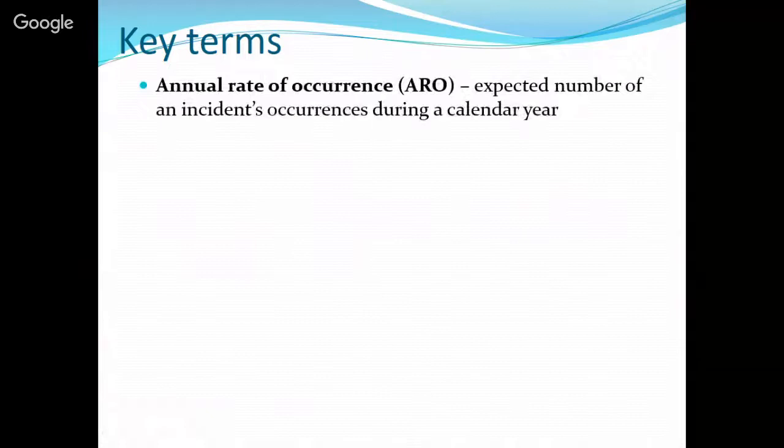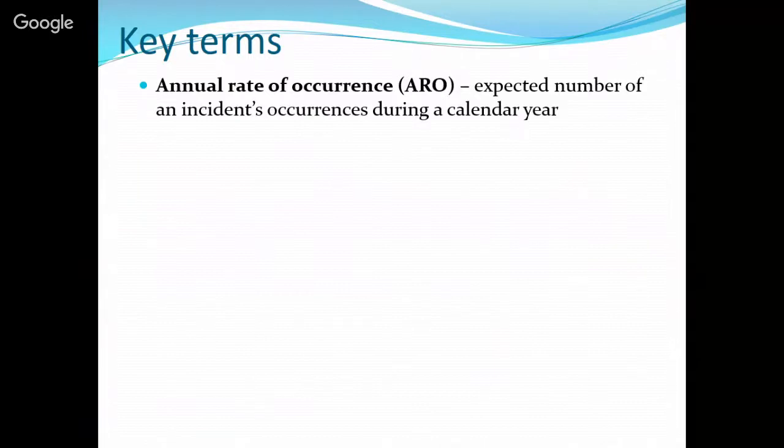Before going to the calculation, there are some terminologies that have to be explained which are used in this calculation. First one is annual rate of occurrence, ARO. This means the expected number of incident occurrences during the calendar year.